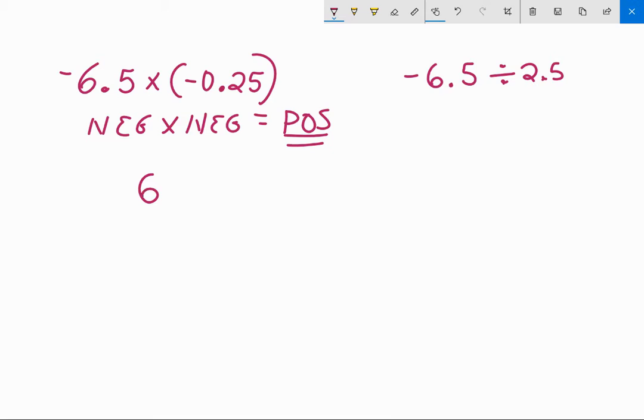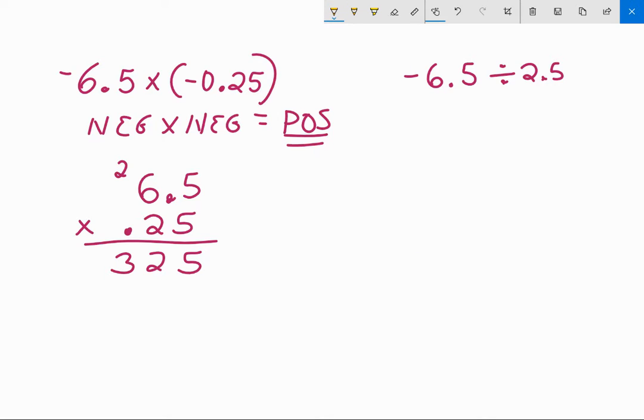So I'm going to take 6.5 times 0.25. Remember, you do not need to line up your decimal points when you multiply. Start multiplying by 5 first. 5 times 5 is 25, carry the 2. 6 times 5 is 30, plus 2 is 32.